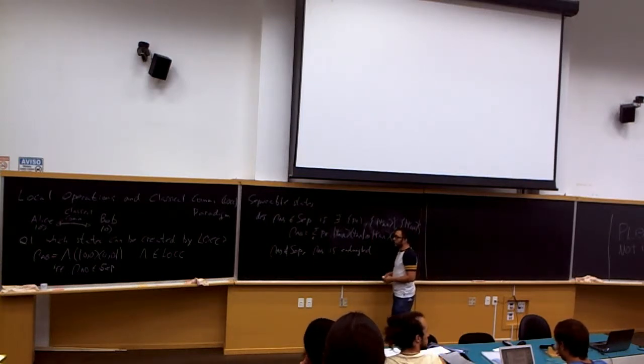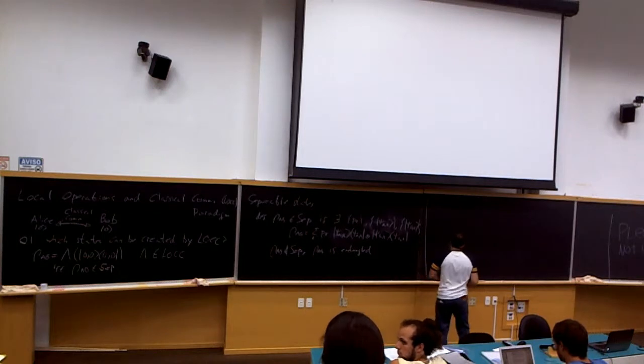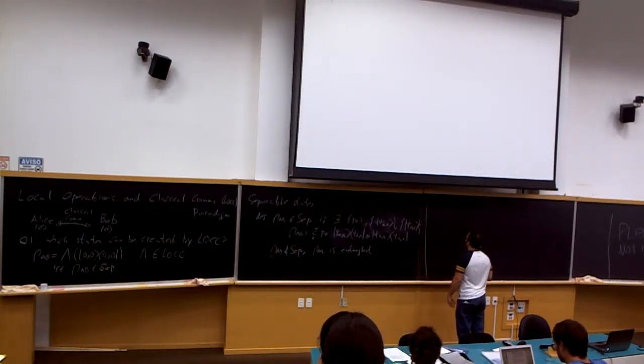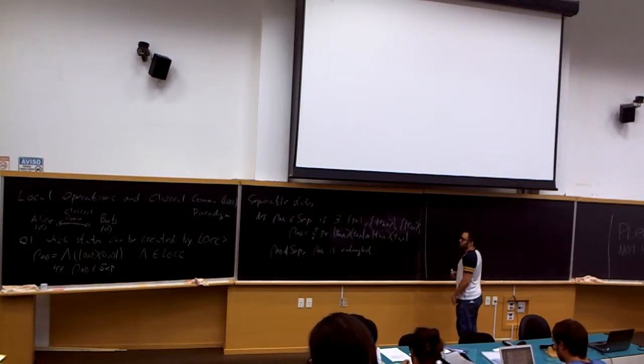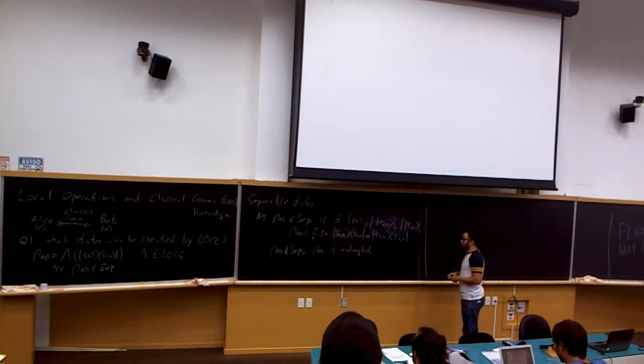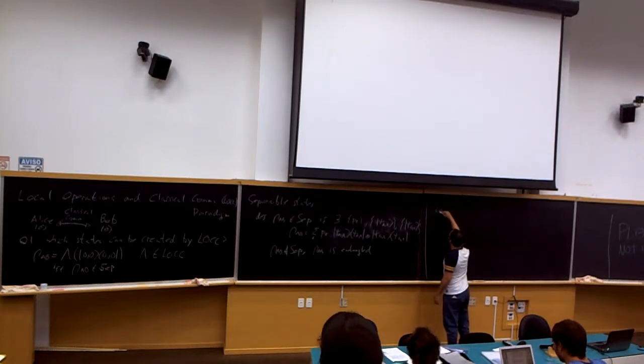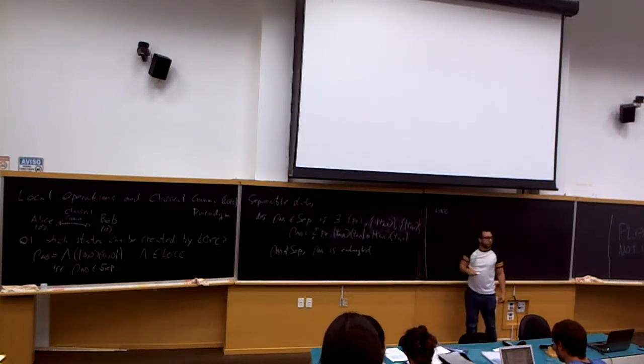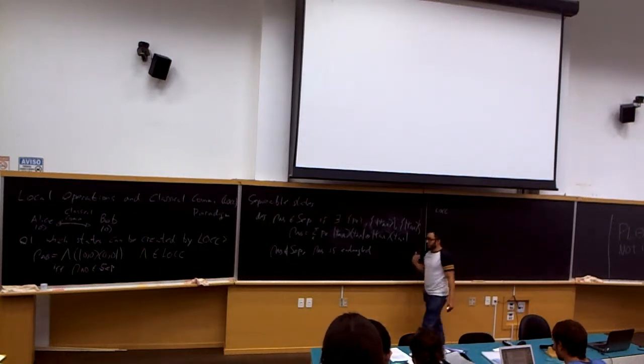The other direction is a little bit more subtle. Let's break LOCC into its components. What is LOCC? First, it's a very complicated class. We don't have a nice characterization of it, exactly because of this ping pong that goes on.